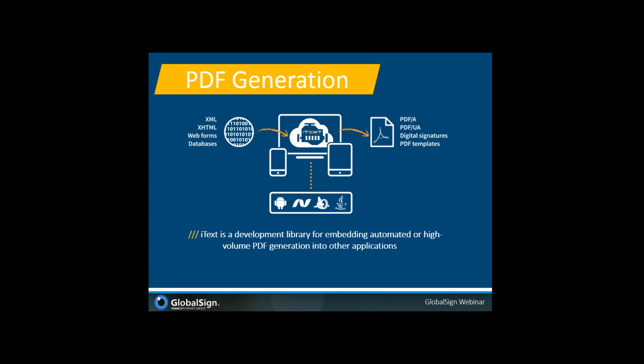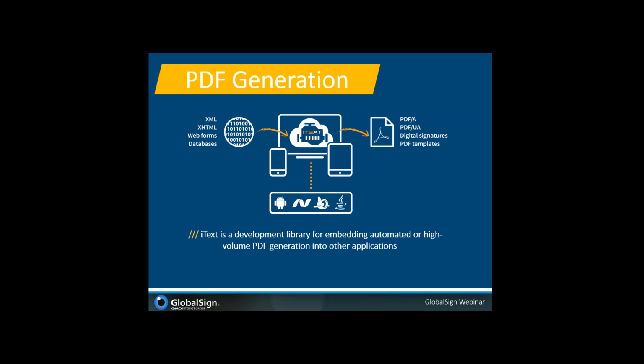As you can see in this diagram, we like to portray iText as an engine. You can use all your data sources, web forms to get data and crunch it into a PDF. It could be an industry-compliant, standards-compliant PDF for archiving, universal accessibility, and so on.